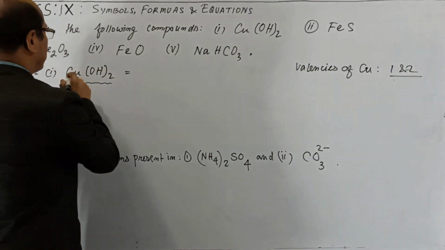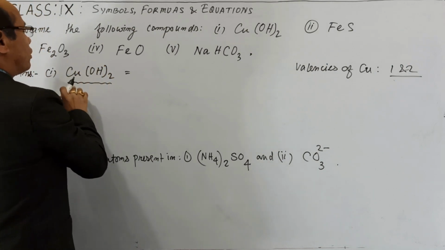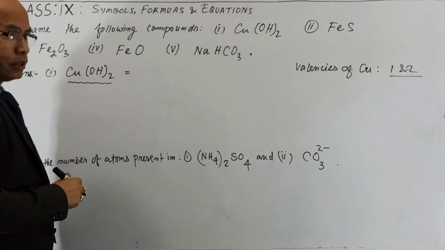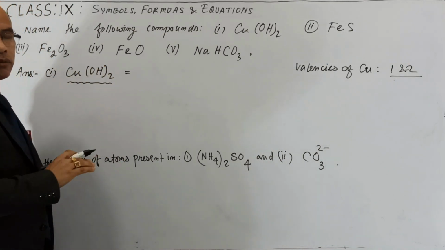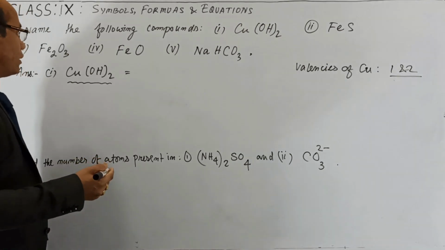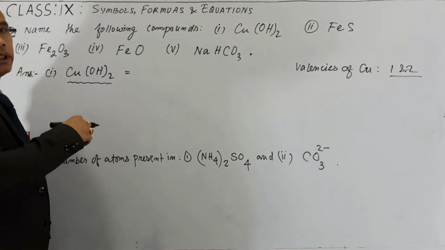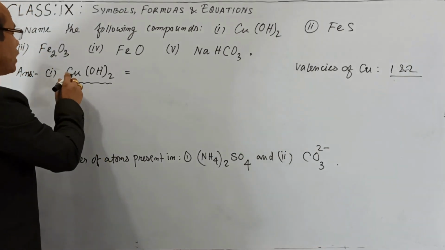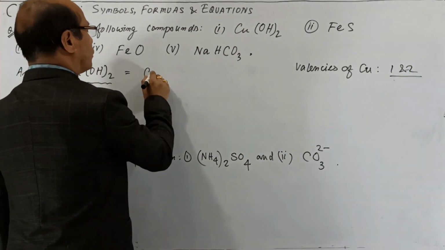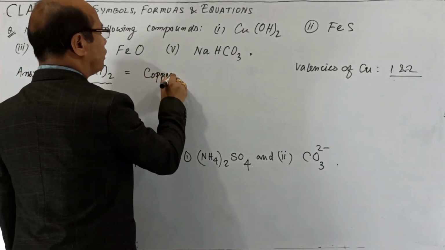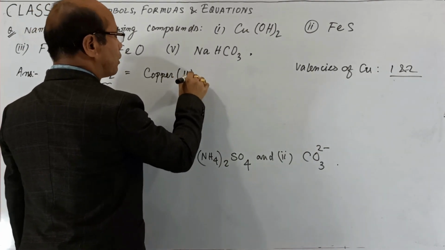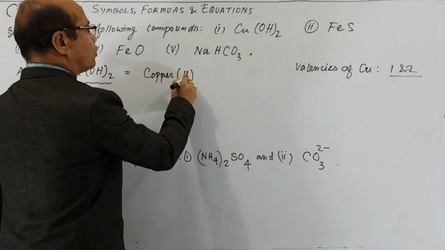First I write like this. Since we know the valency of copper, during the time of writing the name of this chemical formula, we can write the name of copper just mentioning the valency of the copper like this. Copper 2 in Roman figure. Copper 2.